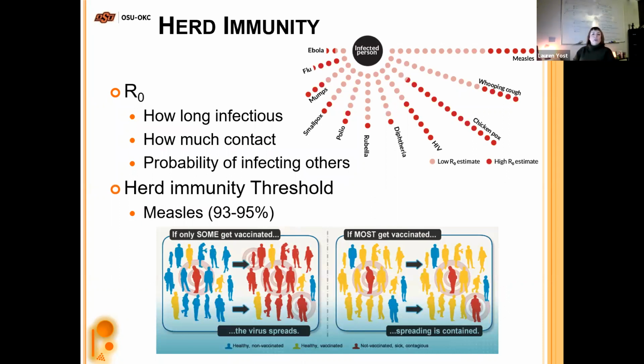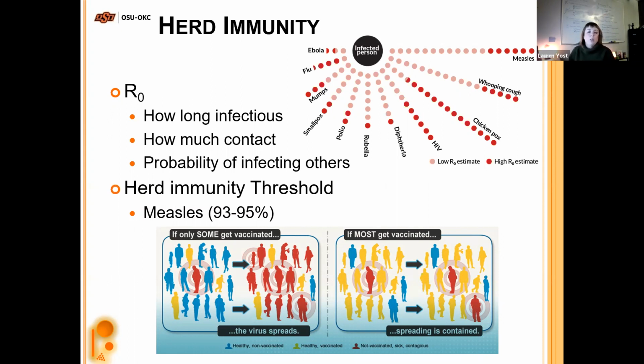This is a thing called herd immunity. Herd immunity essentially says, we have this thing called R0, and it has to do with how long the pathogen is infectious within somebody, how much contact people might have that would be sick from this, and the probability that someone who is infected with this would infect others.